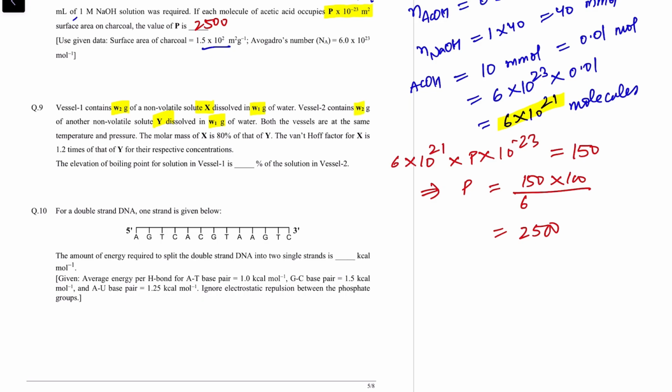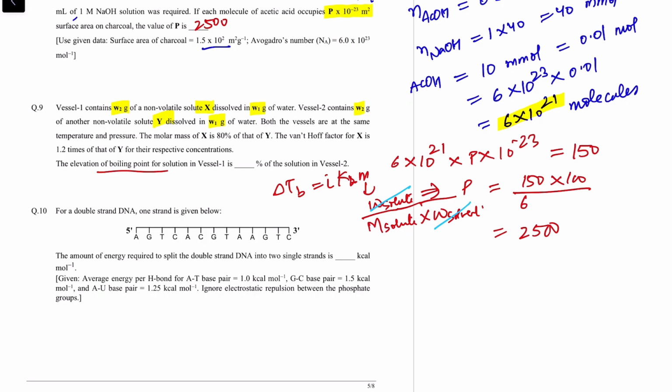Now we know that the elevation in boiling point is given as i Kb m, and molality requires three terms: mass of the solute divided by molar mass of the solute, and mass of the solvent. You can read the question and realize that the mass of solute and mass of solvent are equal.